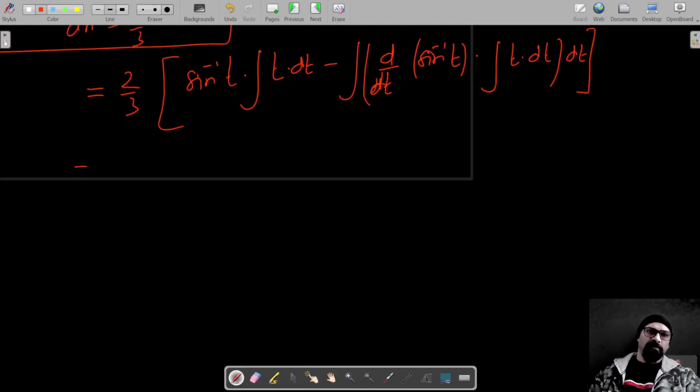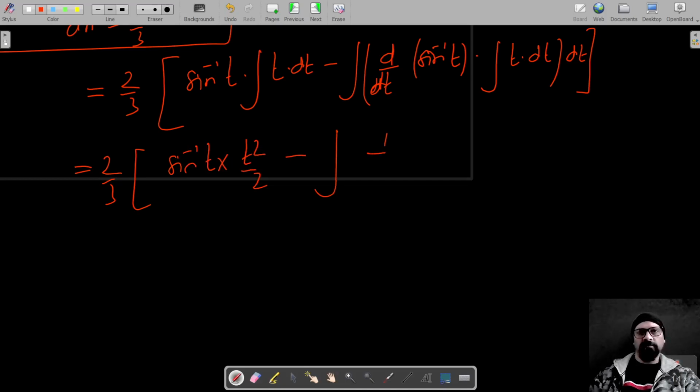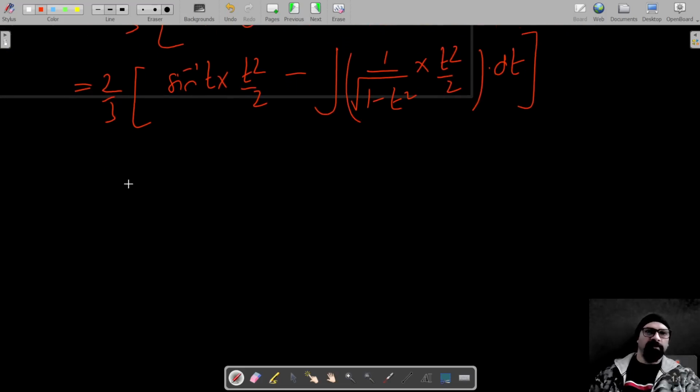Okay, let's do the differentiation now. So this is sine inverse t into integration of t, which is t square by 2, minus differentiation of sine inverse t, which is 1 upon under root 1 minus t square, into t square by 2. That has to be integrated once again.